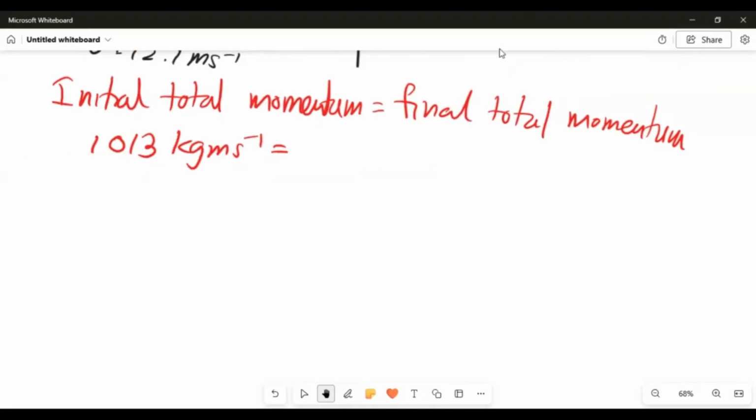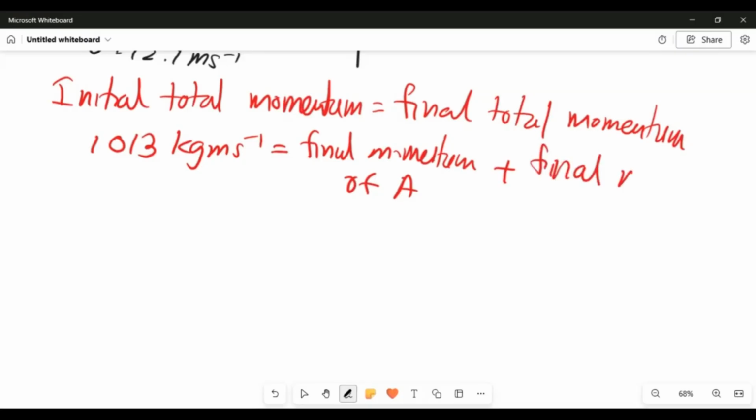Final total momentum is equal to final momentum of A plus final momentum of B. So first we shall find out the final momentum of A with this question.